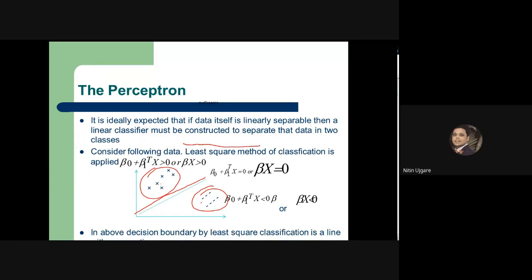We know what the least square method is. The least square method tries to reduce the error of each of these instances from the decision boundary. That is what the least square error method, which is used to perform the classification of given input instances, does.